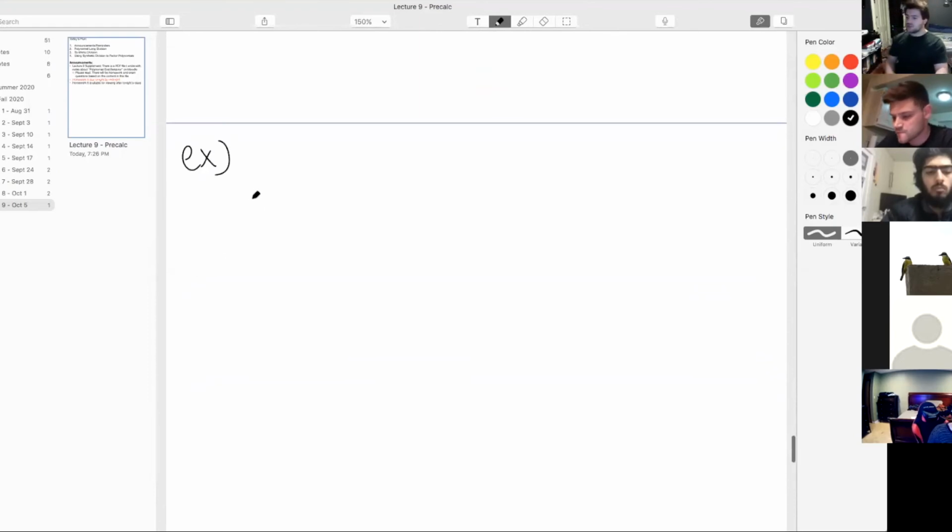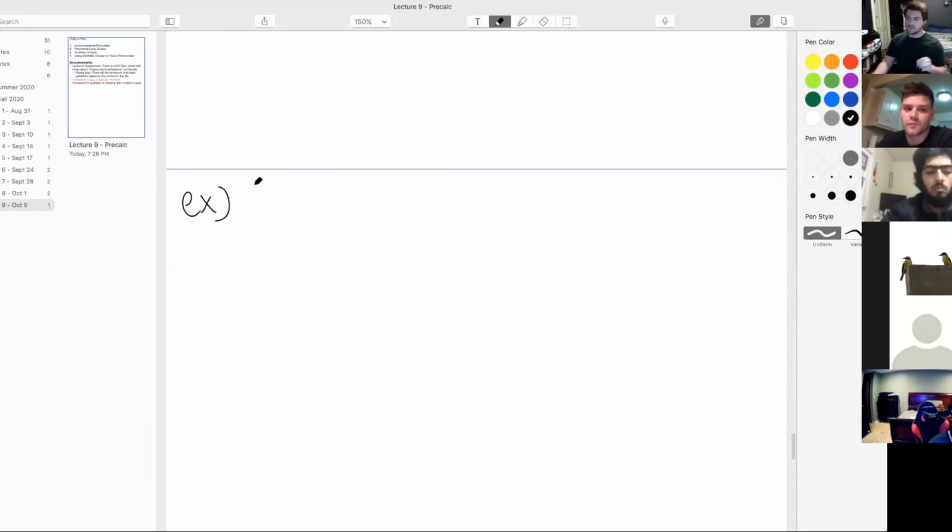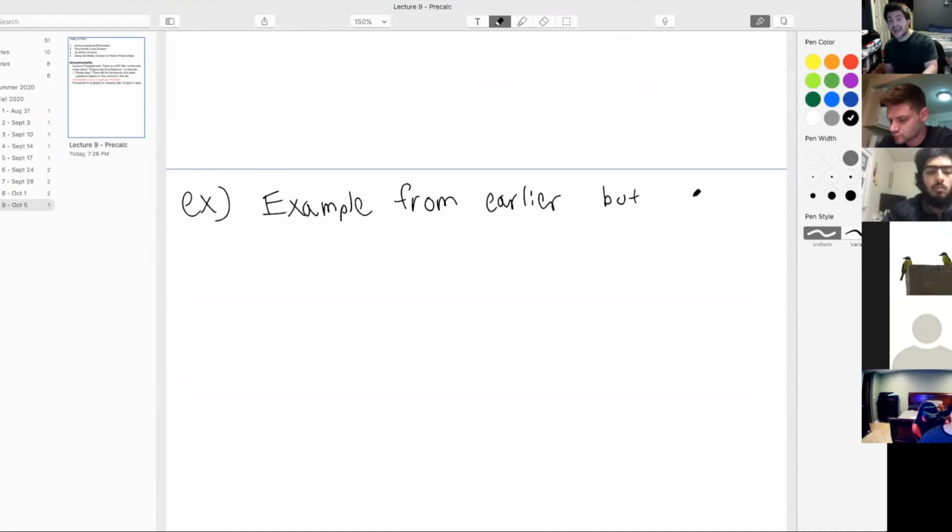Okay, we're actually going to do an example from earlier. I forget how many examples ago it was, but this is an example from earlier, but now with the technique of synthetic division.